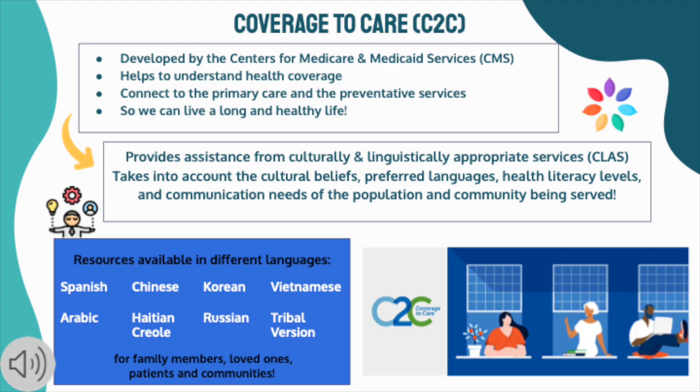They have resources available in different languages, including Spanish, Arabic, Chinese, Haitian Creole, Korean, Russian, Vietnamese, and tribal versions. This is a helpful resource so you can understand how to use your coverage and also to get the care you need in a culturally and linguistically appropriate manner.